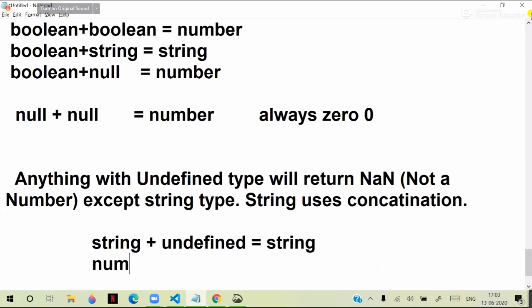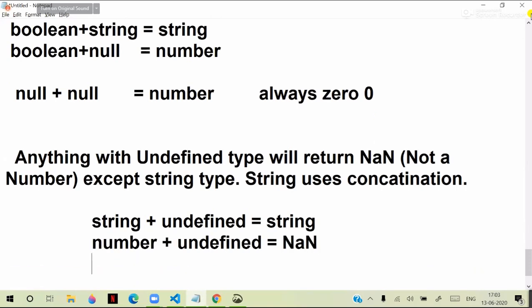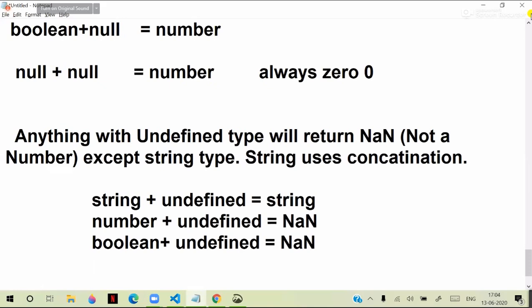Number plus undefined returns NaN, not a number. Boolean plus undefined returns NaN, not a number. And undefined plus undefined is equal to NaN, not a number.